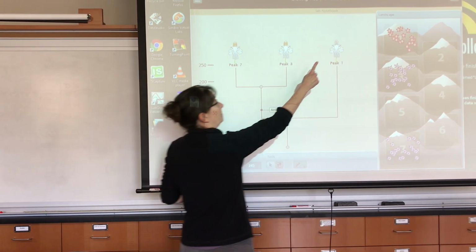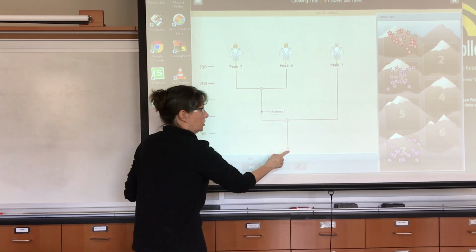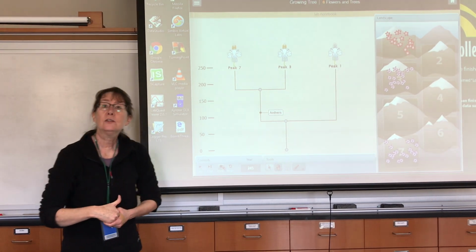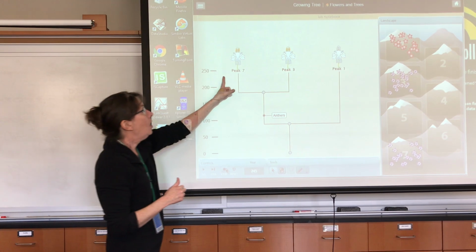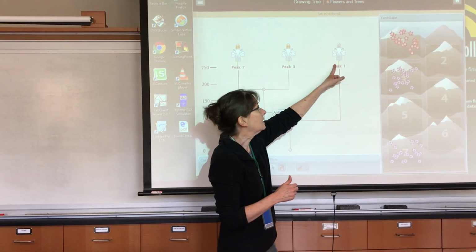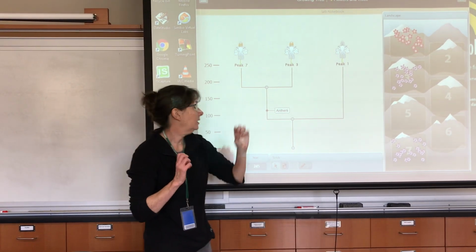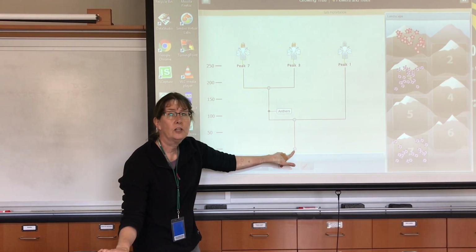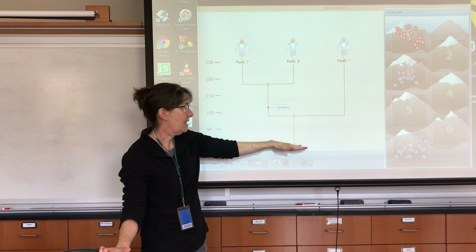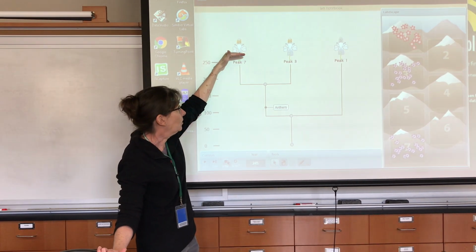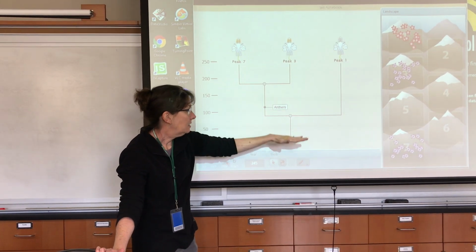And to get from peak 1 to the original ancestor is also 250 years. All 3 of these peaks are equally related to the original ancestor because the same amount of time has passed to get from their current population to the ancestor.